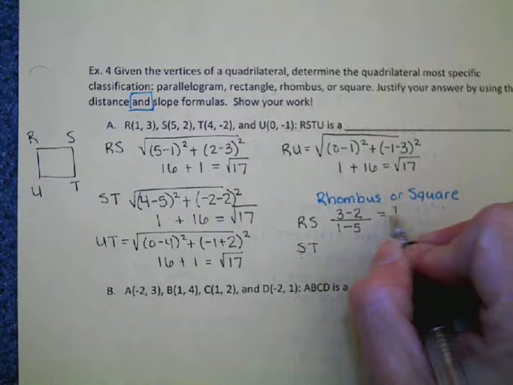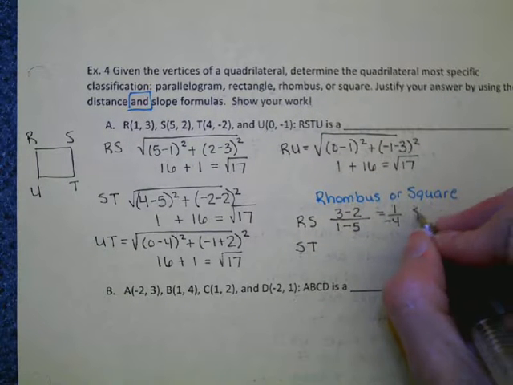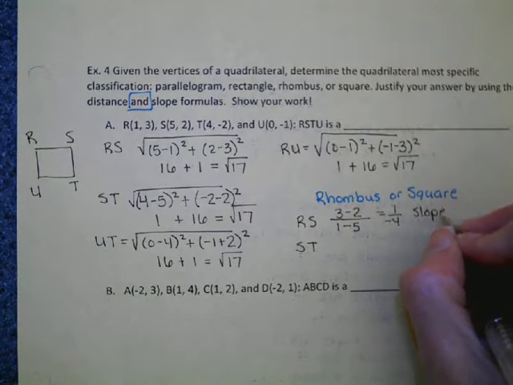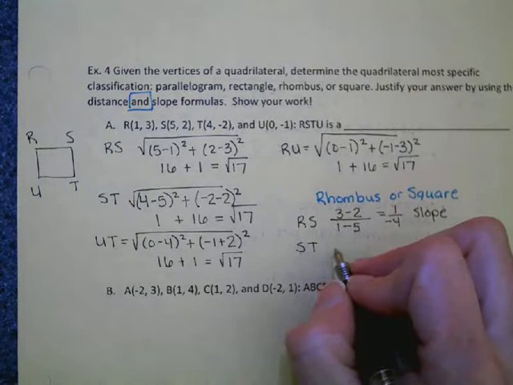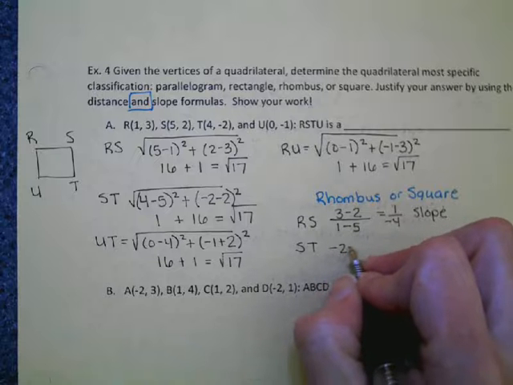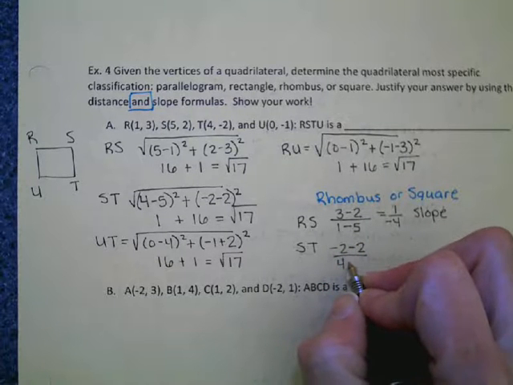So this comes out to 1 over negative 4. So now I want to find the slope of ST. On top you subtract your Y's, so that would be negative 2 minus 2. And on bottom you get 4 minus 5.